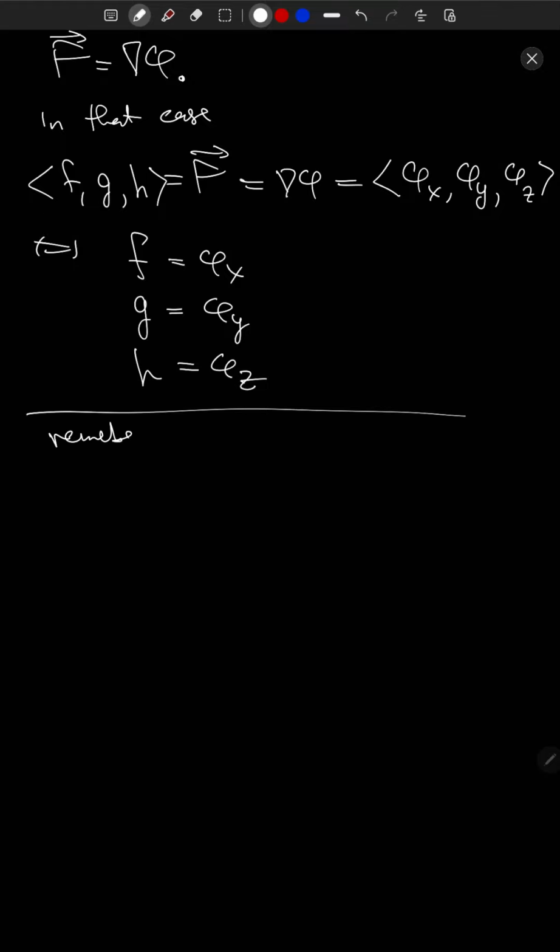Remember that for partial derivatives, it doesn't matter what order you take them. Remember that phi sub xy is equal to phi sub yx. Of course, we're assuming all our functions are nice enough that this is the case.